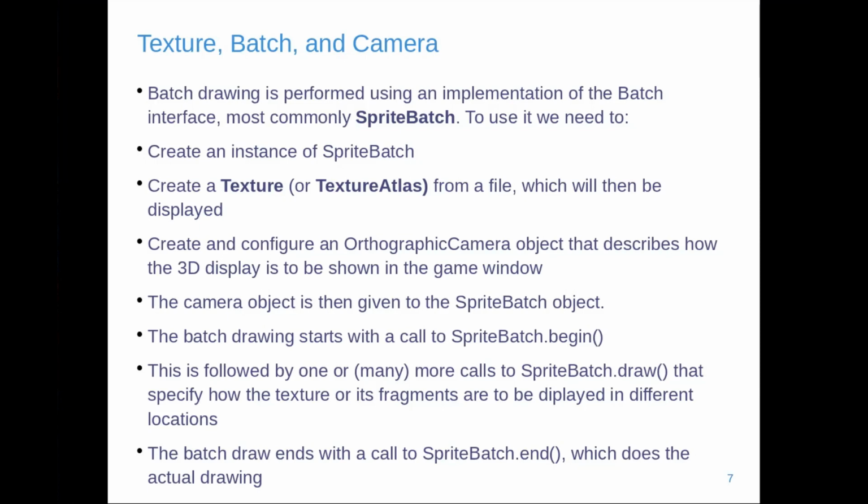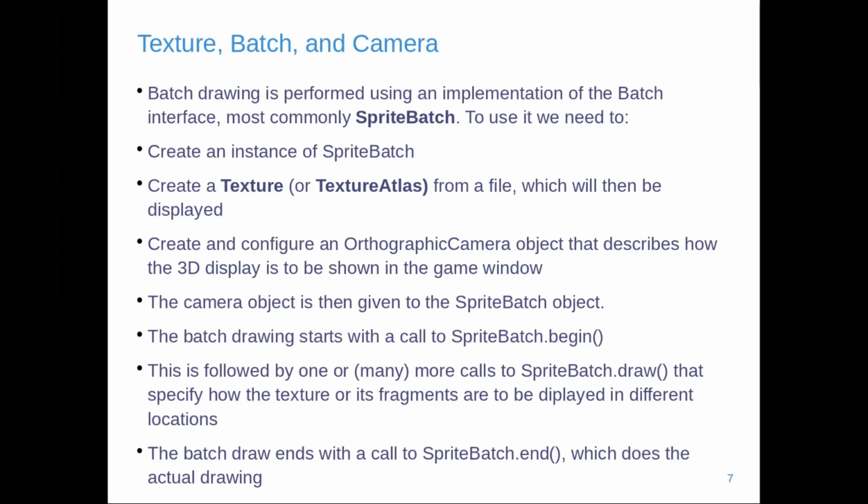After this, we perform several draw operations, or rather we describe several draw operations, which basically say where and how we want to display our texture or fragments of our texture. And we can do tens of thousands of these draw instructions in one go. And then we say end.